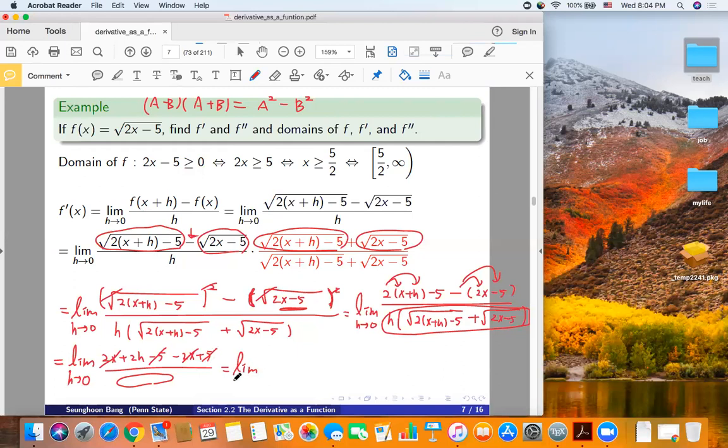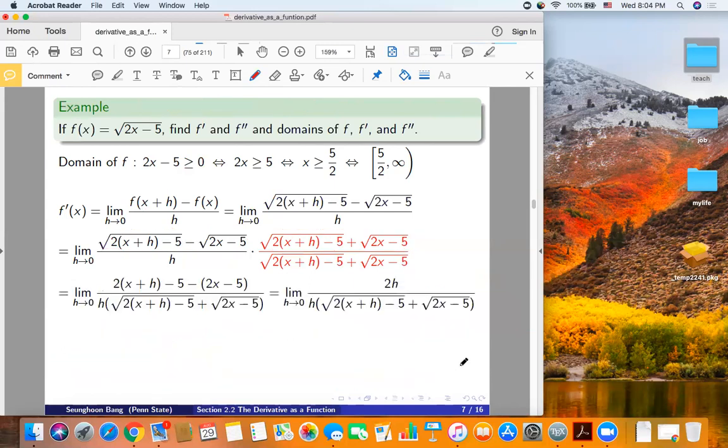Limit as h approaches 0 of 2h over, the bottom has h times square root of 2 times x plus h minus 5 plus root 2x minus 5. What happens? h is crossed out. So I can show this part here. So like this, h crossed out.